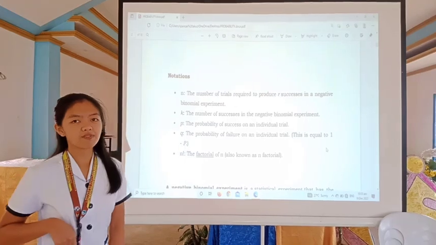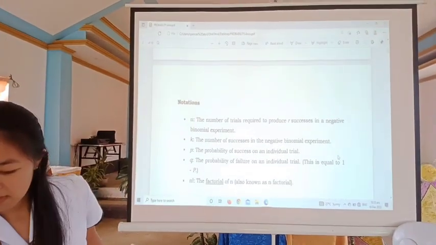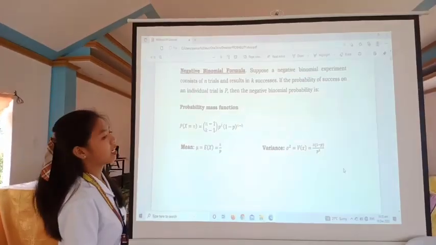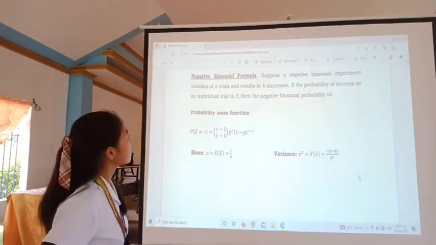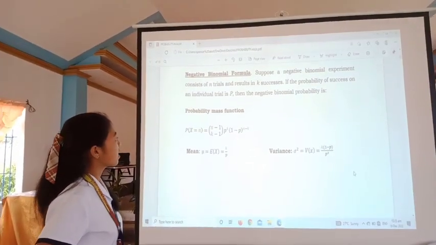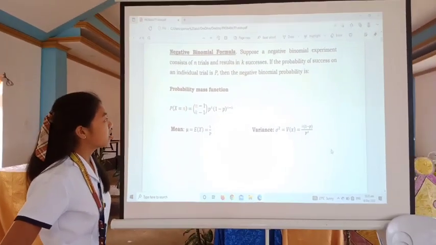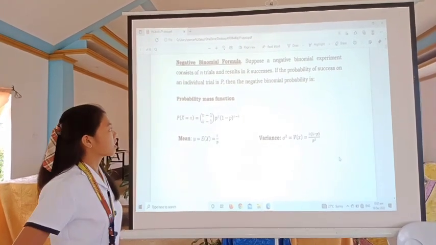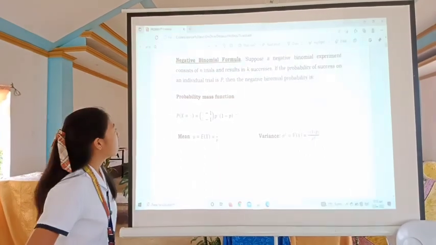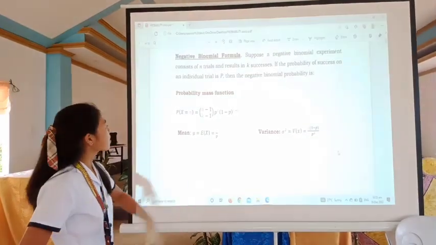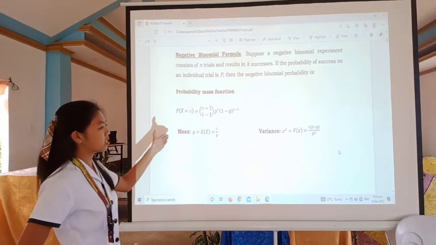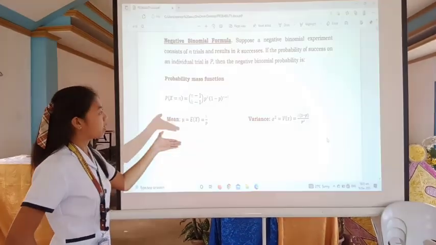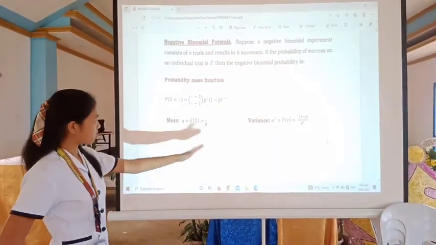Let's proceed to the negative binomial formula. Suppose a negative binomial experiment consists of n trials and results in k successes. If the probability of success on an individual trial is p, then the negative binomial probability, we have the probability mass function: P(X = n) is equal to (n minus 1) combination (k minus 1), p to the power of k, (1 minus p) to the power of n minus k.